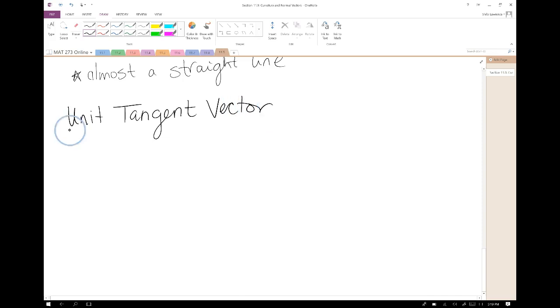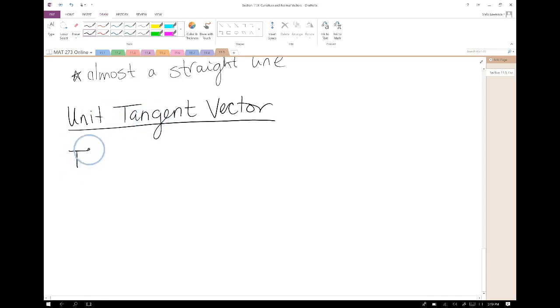If you just decompose the words that we're using here, tangent vector means that we're using r prime. Anytime we're talking about a unit vector, it means that the vector is only 1 unit long, and the way that we change a vector into a unit vector is we divide by its magnitude.